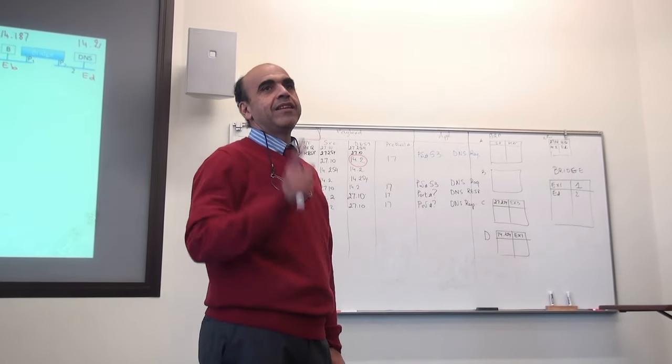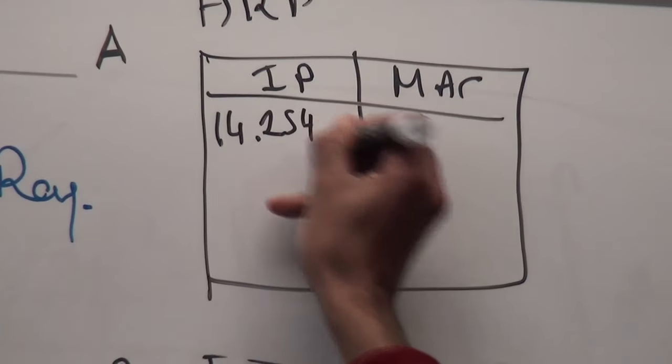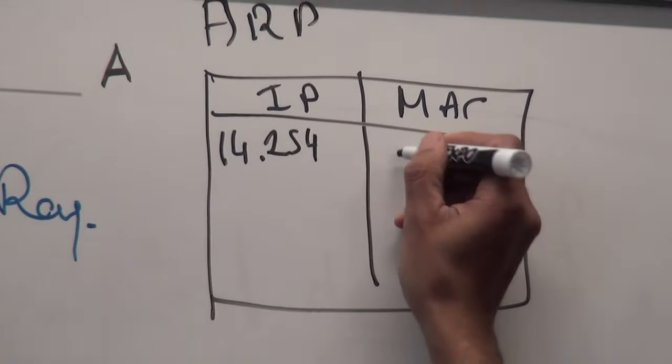It will see that it's for it and then record it in its cache. So what will it put as a value here? 14.254. And what will it put as the MAC here? EX1. And it will respond, right?